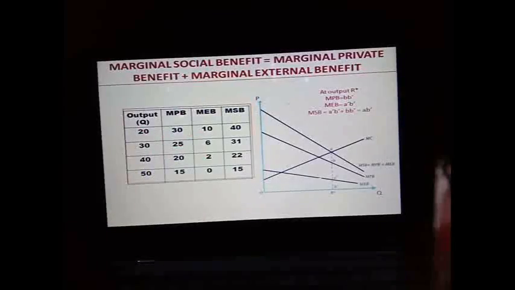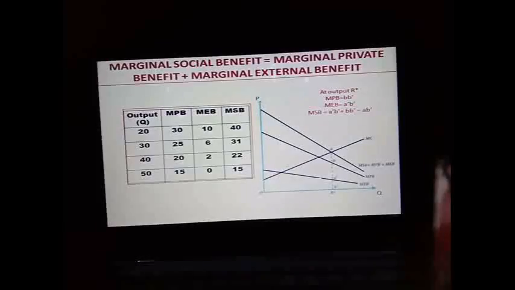Now, before going to discuss positive and negative externality in consumption, there are other terms we have to define: marginal social benefit, marginal private benefit, and marginal external benefit. Marginal social benefit is the composition of marginal private benefit and marginal external benefit. Marginal private benefit is the utility or benefit we derive from an additional unit when we are consuming or producing a quantity.